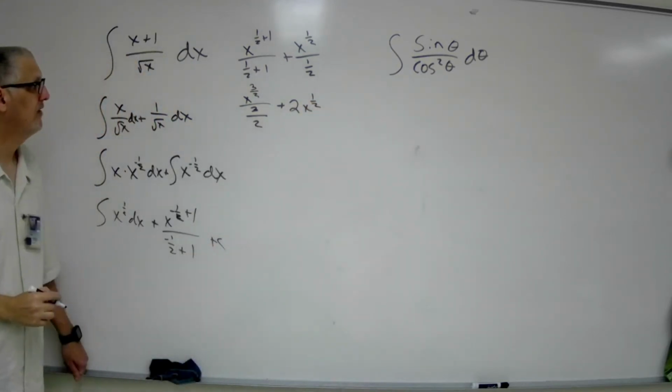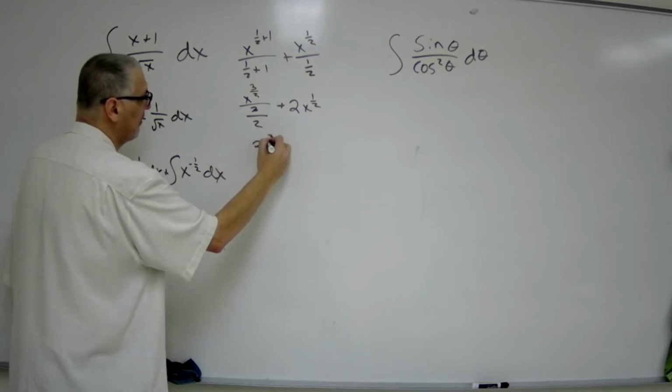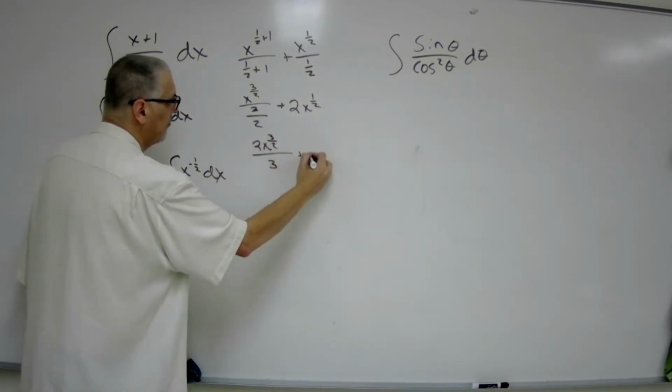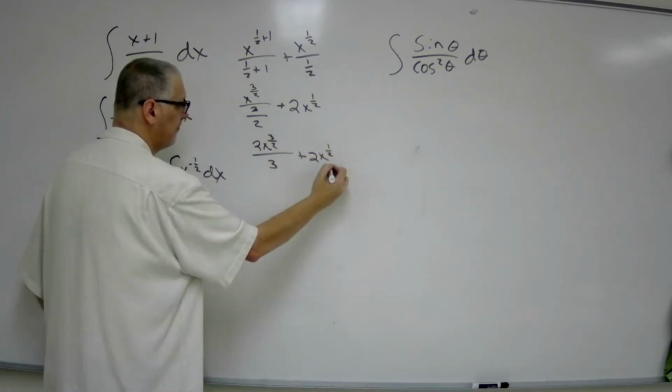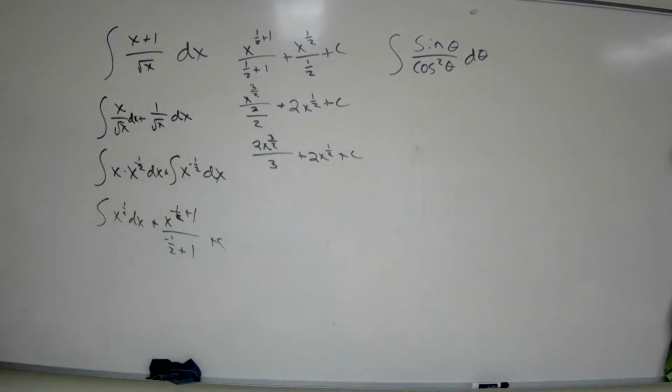Then this becomes 2 x to the 3/2 over 3 plus 2 x to the 1/2 plus c. Voila, you're done. Just need to make sure I have the right answer. I hate to put this on the internet with the wrong answer.